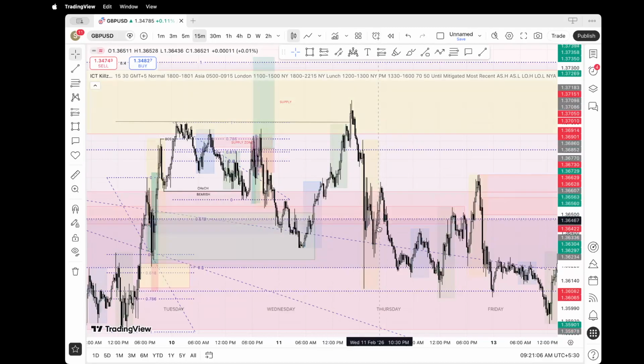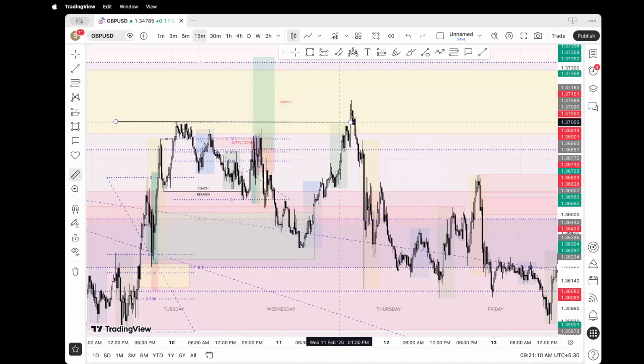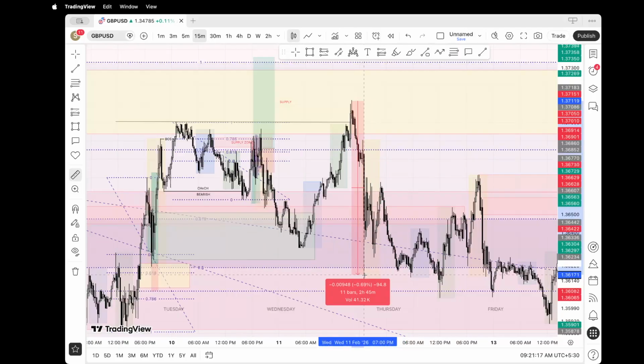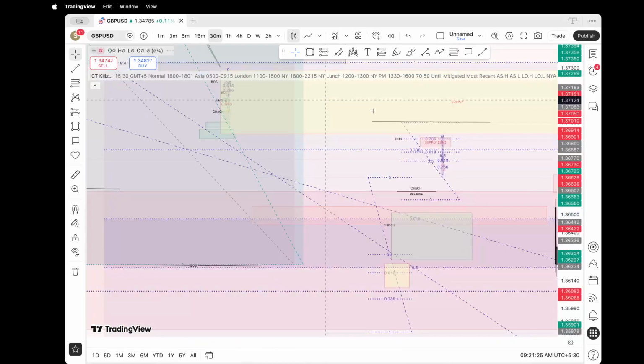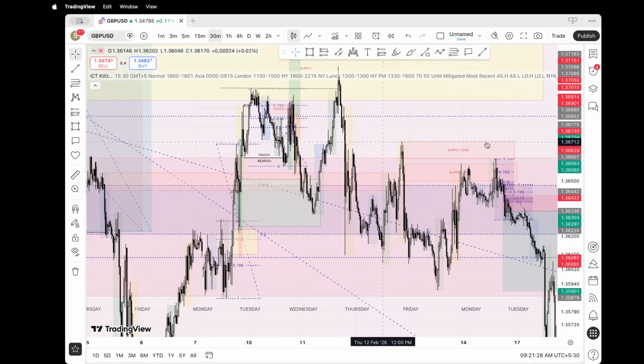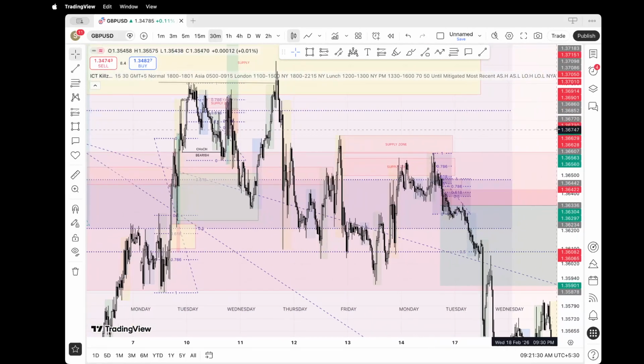See, such a sharp selling came into place, so sharp that in just a matter of 2 or 3 hours we have such a great move. And then it just went down and down and down.